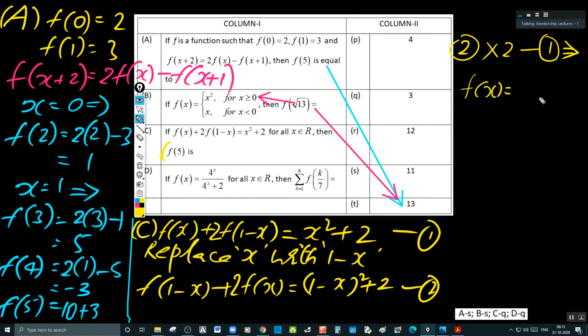is equal to, this is twice of 1 minus x whole square, plus 2 into 2, 4, minus x square minus 2. That's it. Now see what is needed. F of 5 is needed, please.